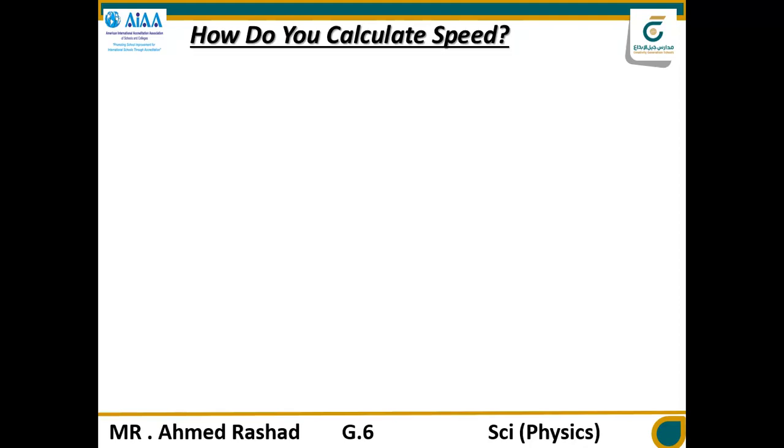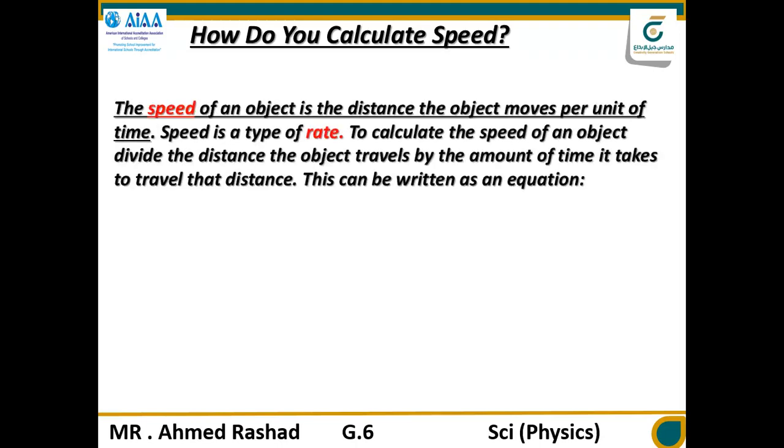How do you calculate the speed? How can I calculate the speed of any object in motion? The speed of an object is the distance that the object moves per unit of time. Any unit of time, like minutes or seconds. So speed is a type of rate, just a rate.